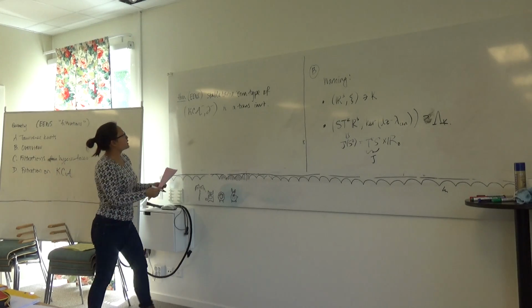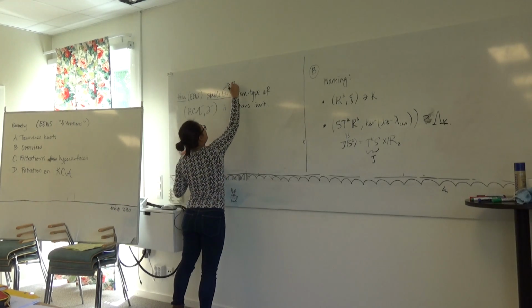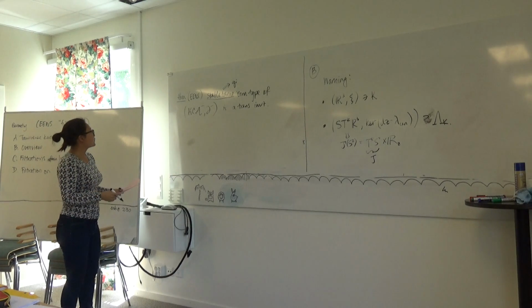So what does this tell me? Well, first of all, stable tame implies a quasi-isomorphism, so we also have homologies.